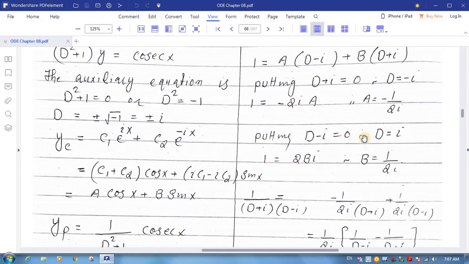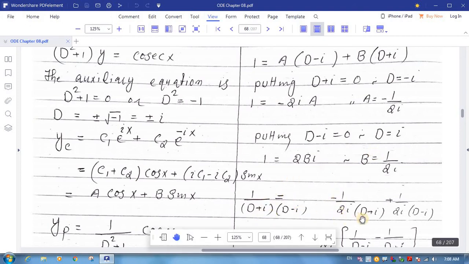So 1 is equal to 2b iota, that is b is equal to 1 over 2 iota. Here we have obtained the values of a and b. Putting these values in the above partial fraction we get 1 over this equal to minus 1 over 2 iota, D plus iota. This is the value of a, this is the value of b.